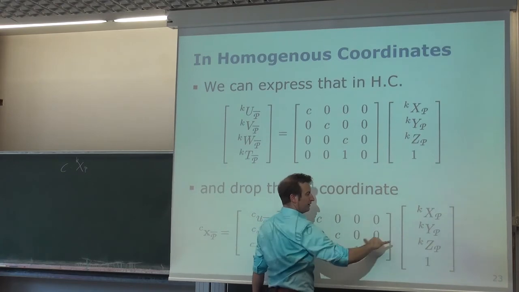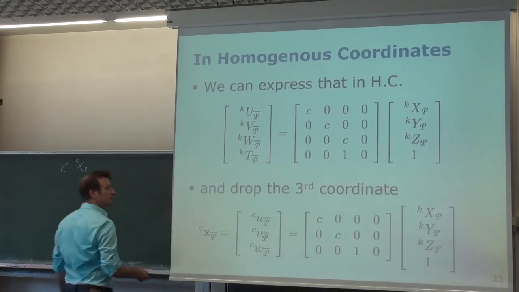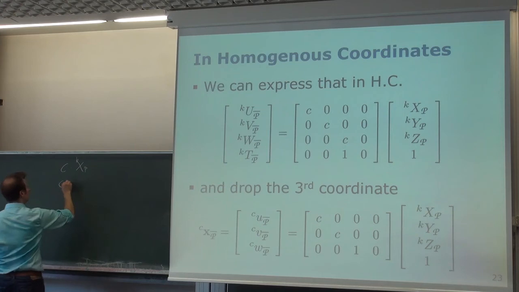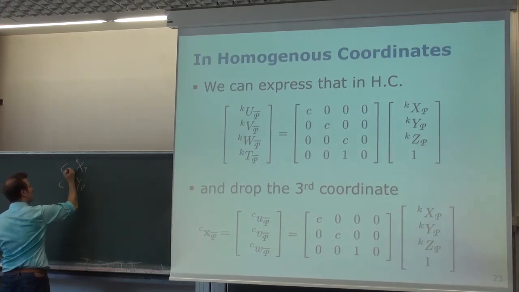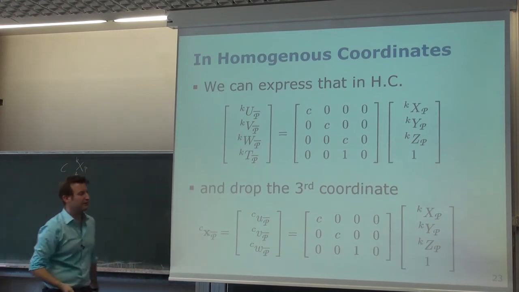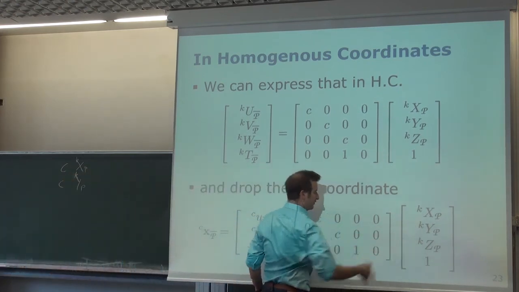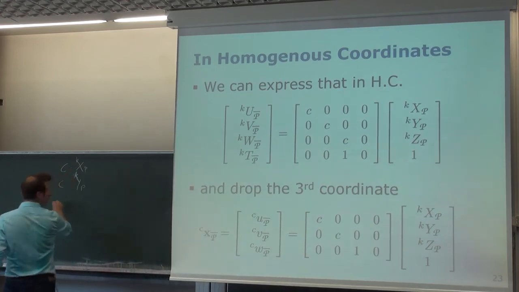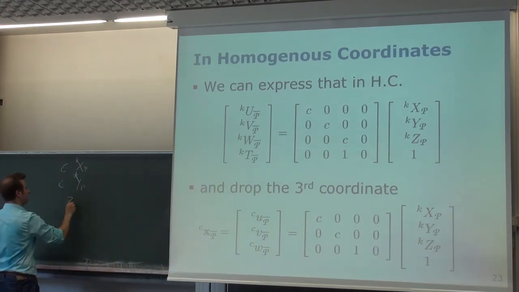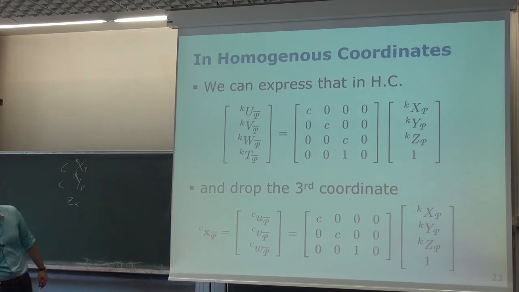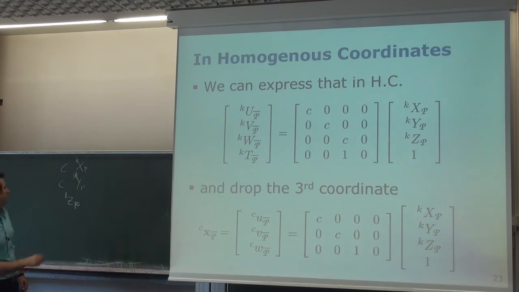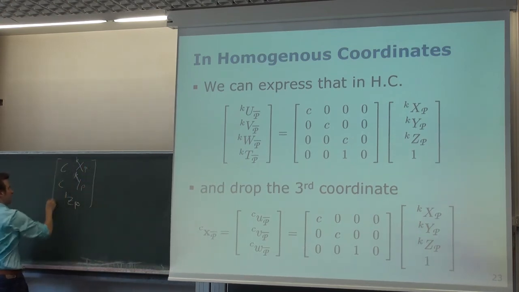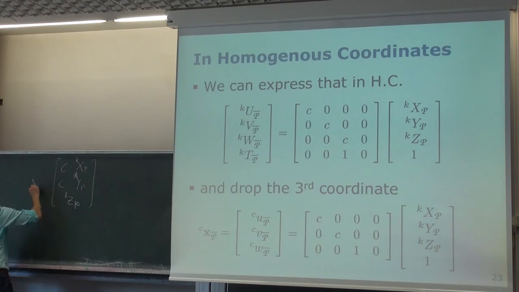So we have C times y_k^p. Now this one with this one I obtain z. Now I think it's correct. So I just get z_k^p over here, which is my homogeneous vector x_p^c, right?